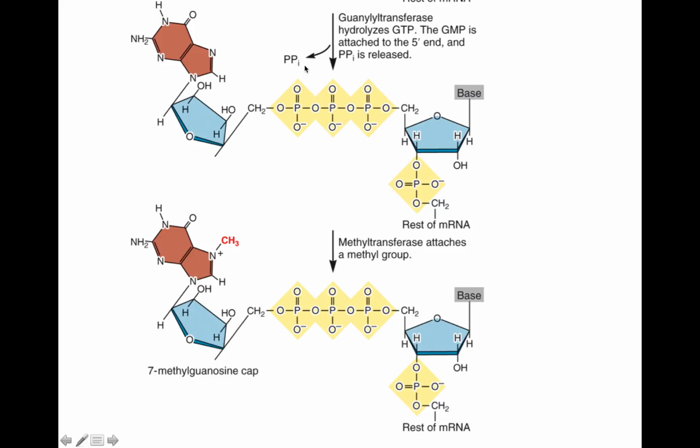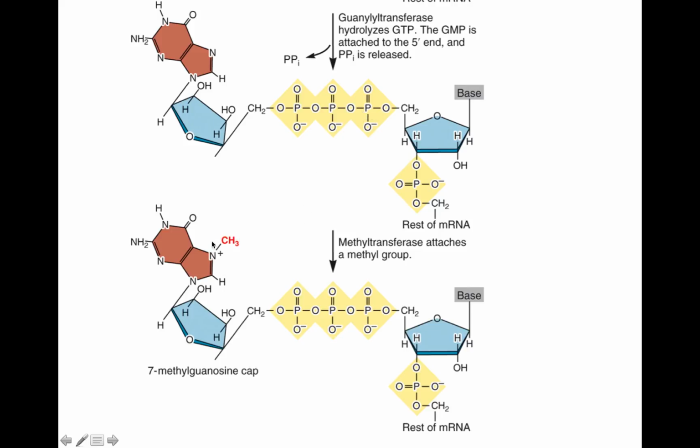You cleave those 2 off as pyrophosphate, and now this phosphate came in with the GTP, and these are the 2 phosphates that were remaining before. So now you've got a guanylyl GTP attached to the 5' carbon with a triphosphate in between.